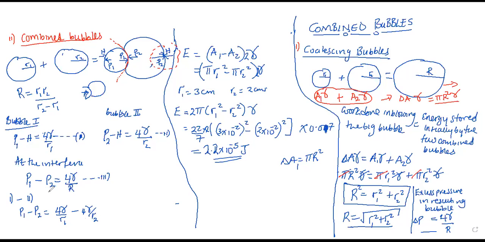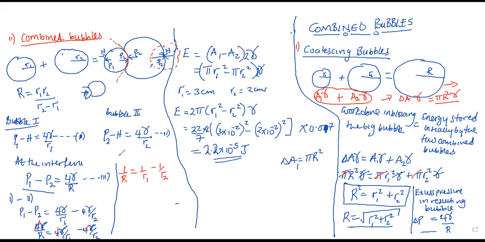But we have realized that the change in pressure P1 and P2 is 4 gamma over big R. So 4 gamma over big R is equal to 4 gamma over small r1 minus 4 gamma over small r2. When you divide this by that, we shall lose all the gamma. Consequently, you can divide everything by 4, and we shall remain with 1 over big R is equal to 1 over R1 minus 1 over R2.